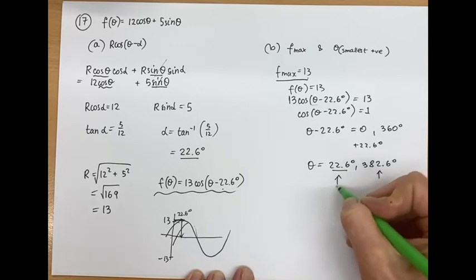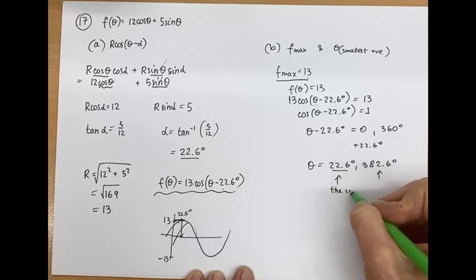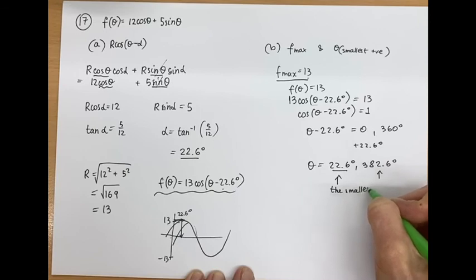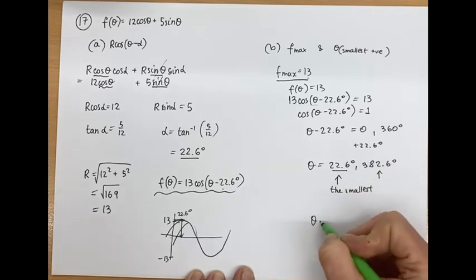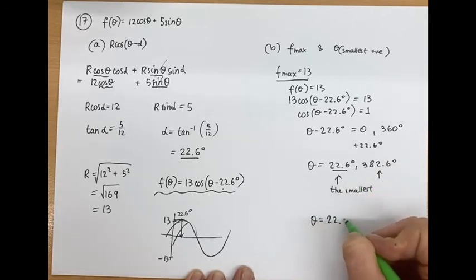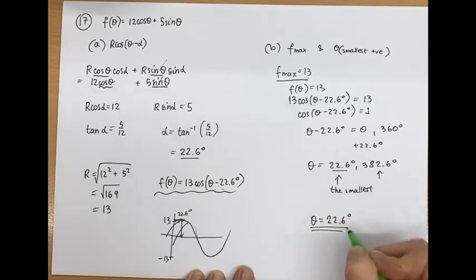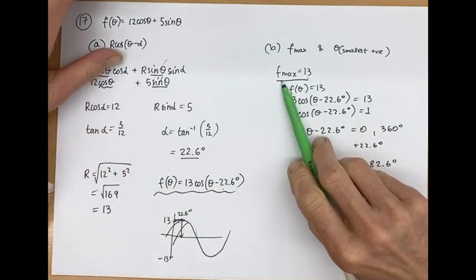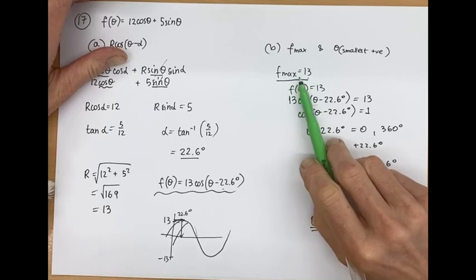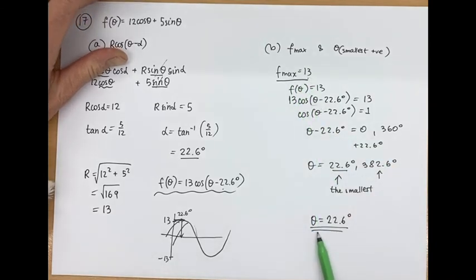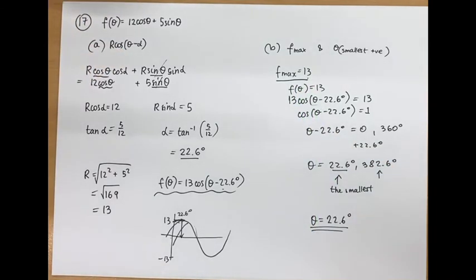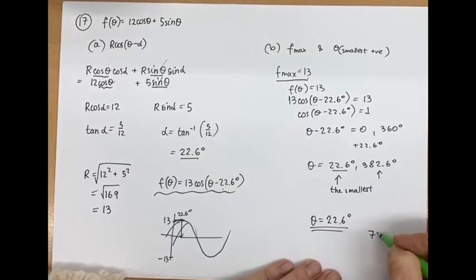This is the smallest. So the answer is theta is equal to 22.6 degrees. So the function reaches a maximum of 13 when theta is equal to 22.6. Okay, that leads us to exercise 7e.